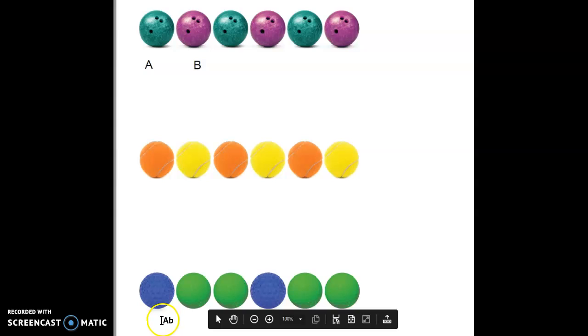However, if you look at this pattern at the bottom, this one is A, because I have blue, but then I go to this green one, and that becomes my B, and I don't switch back to A this time, do I? I go to another B. Let's put them up here so you guys can see them.